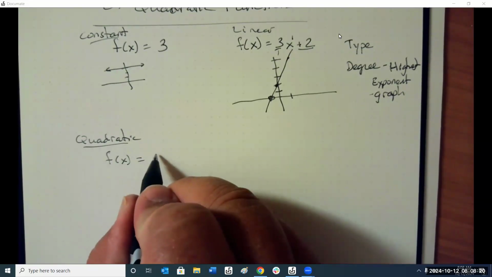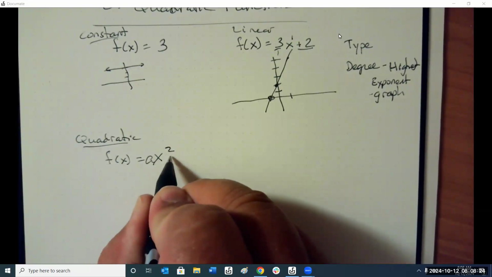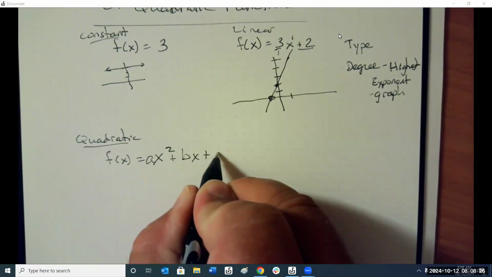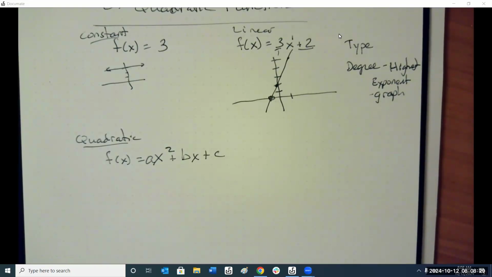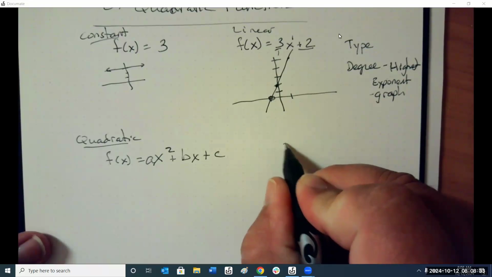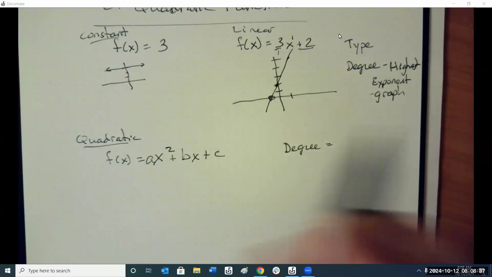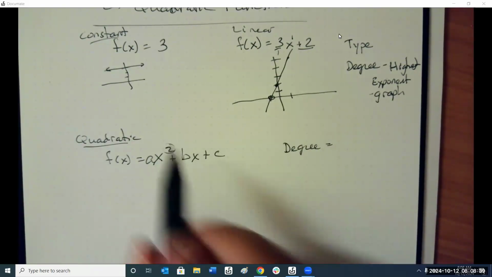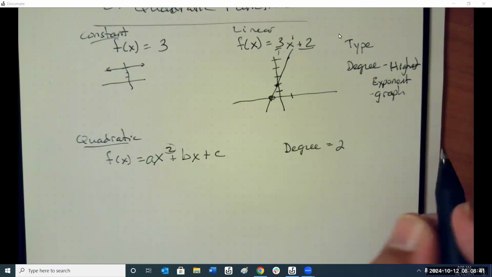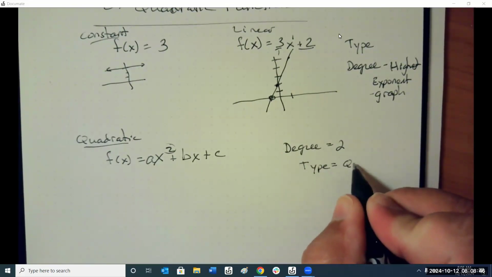To have this shape: ax squared plus bx plus c. Because of the degree is 2, it tells us the type is quadratic.